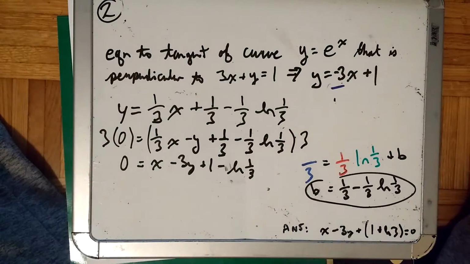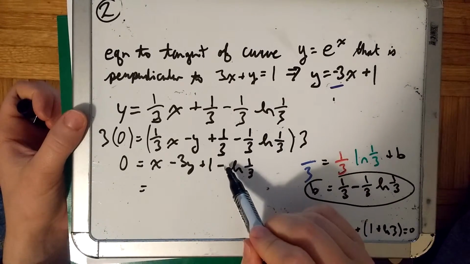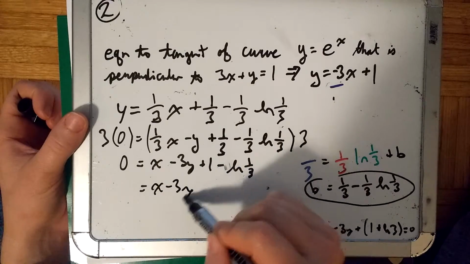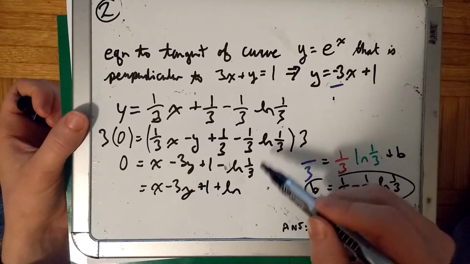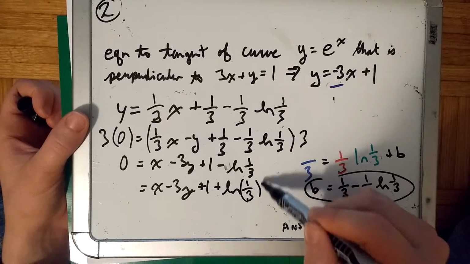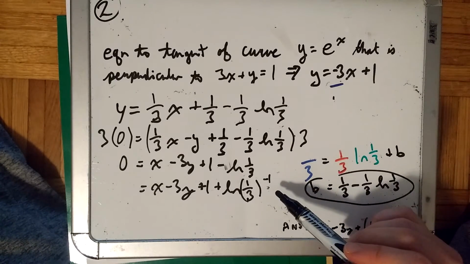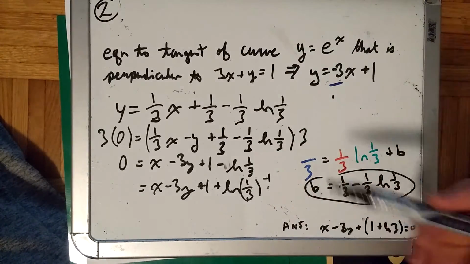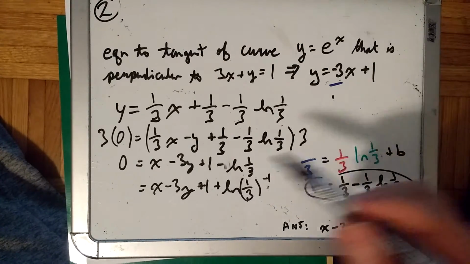Okay, so I have negative ln 1/3. So basically what I'm going to do is take this negative 1 exponent and put it up here. Plus 1 plus ln of 1/3 to the negative 1. And as we know, anything to the negative 1, you can literally just flip it around, for example, and make it to the plus 1.